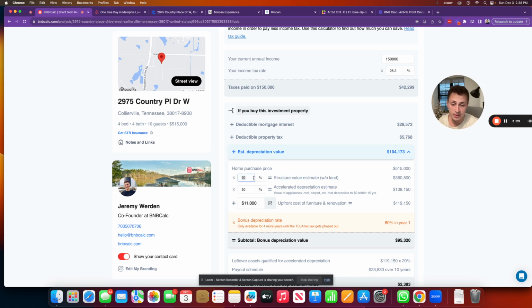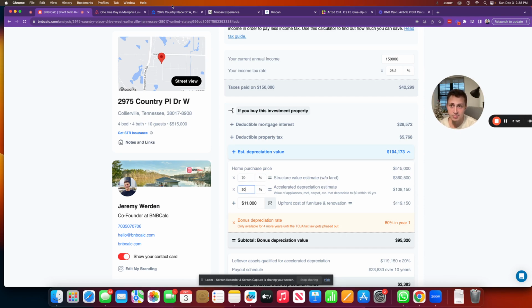So for this property, say it's about 70%. We try to pull records to come up with an estimate, but I recommend definitely trying to find the tax records that say the structure value and the land value, and then coming up with the ratio of structure relative to structure plus land. So let's say that's 70%.